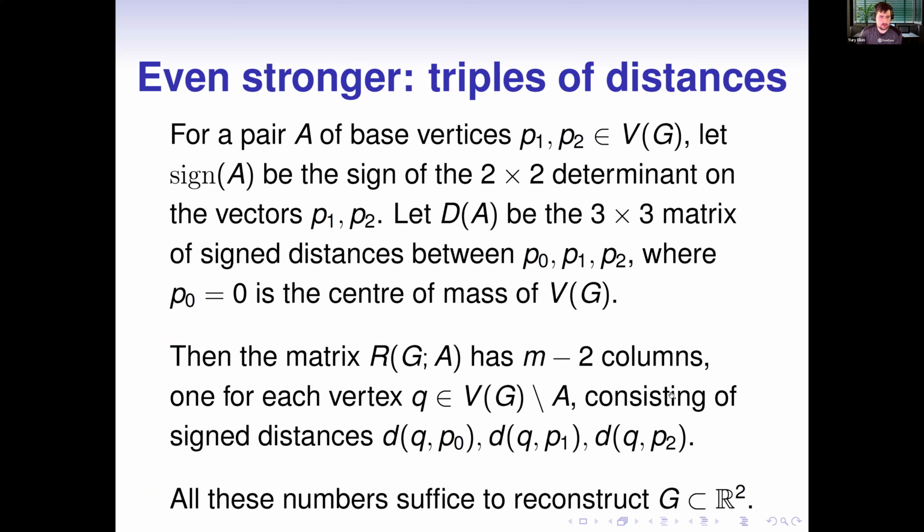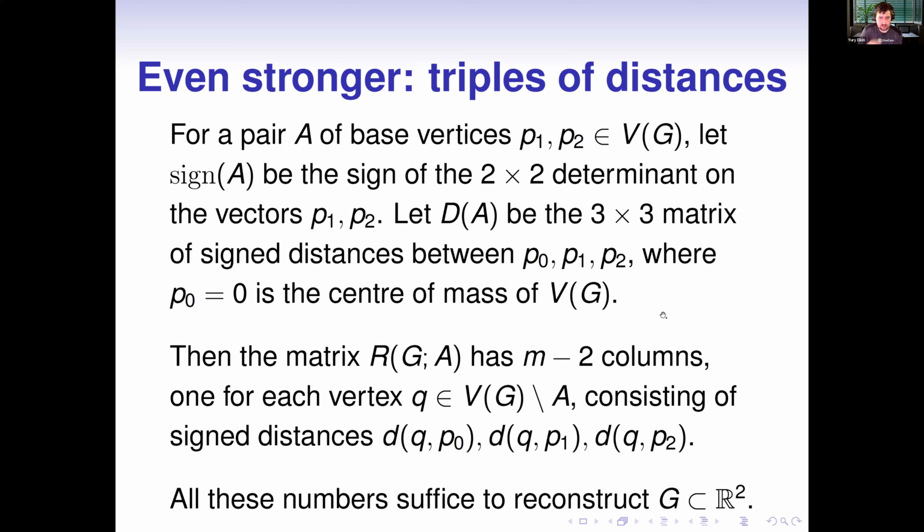And obviously we can make this even stronger. When we have 2 points, we have an additional parameter called sign. That is simply the 2 by 2 determinant on the vectors determined by P1, P2.